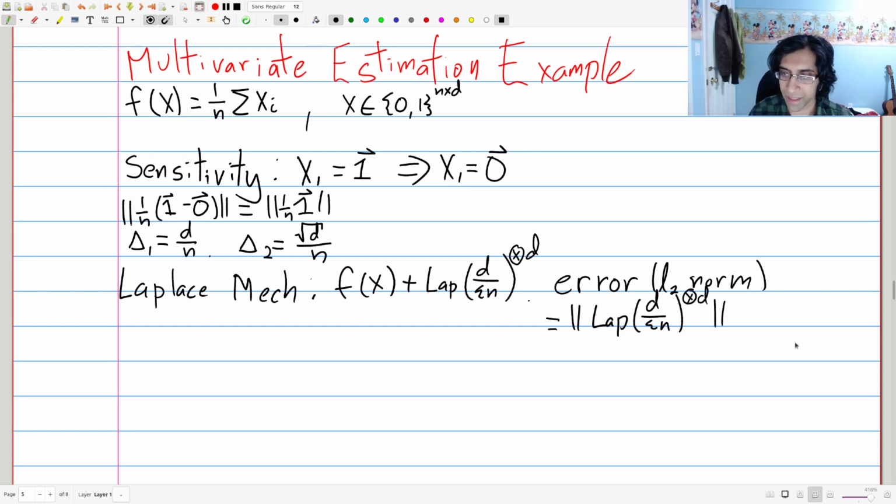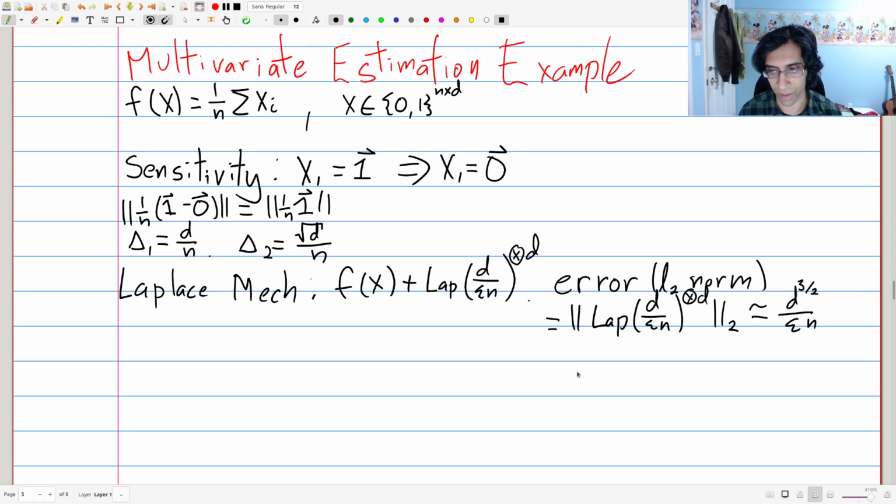The claim is that in L2 norm this is roughly d to the 3/2 over epsilon n. You can check this for yourself, but why is that?